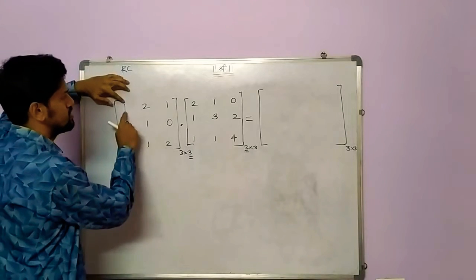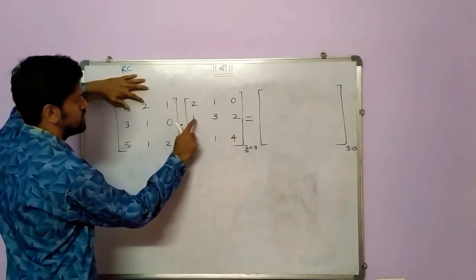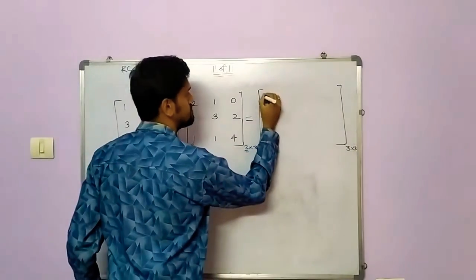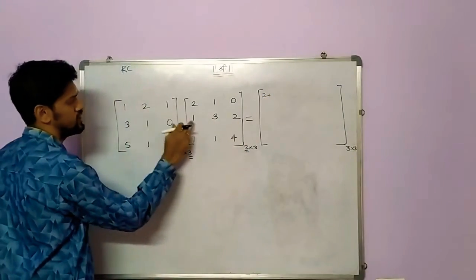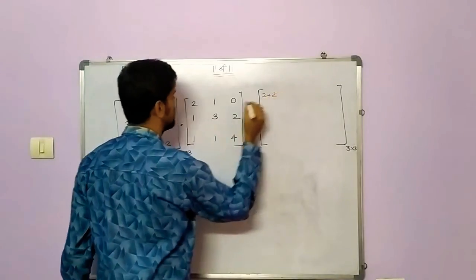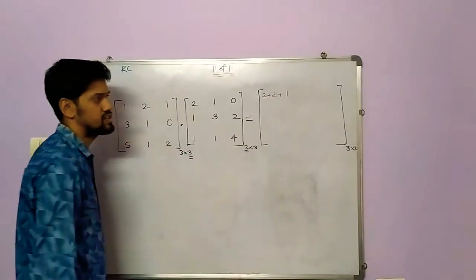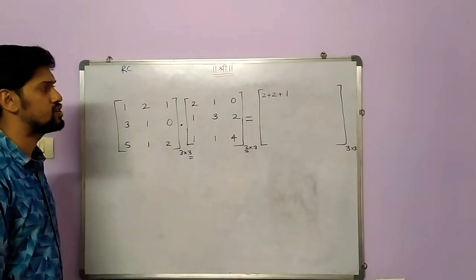So I multiply this 1 into 2, 2 into 1, 1 into 1. So it will give me 2 plus 2 into 1 is again 2 plus 1 into 1 is 1. This is the first element. It will be equal to 5.